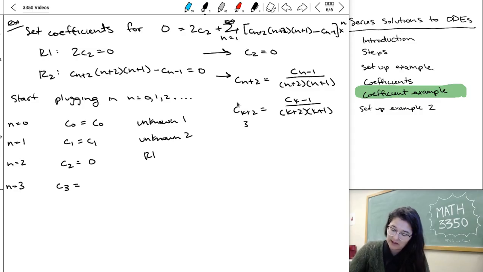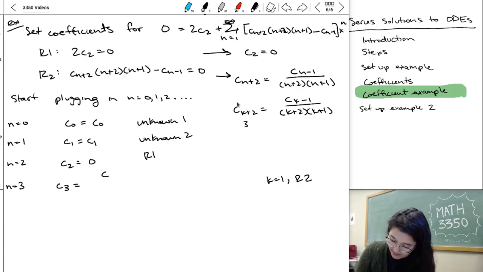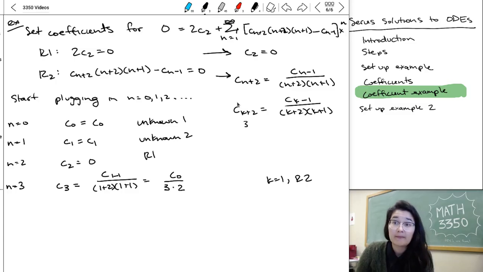I'm going to need way more space. That's going to be when k is 1 for that second relationship. Then c_{1+2} is C3. So plugging into my formula, it's going to be c_{1-1} divided by (1+2) times (1+1), or C0 over 3 times 2.